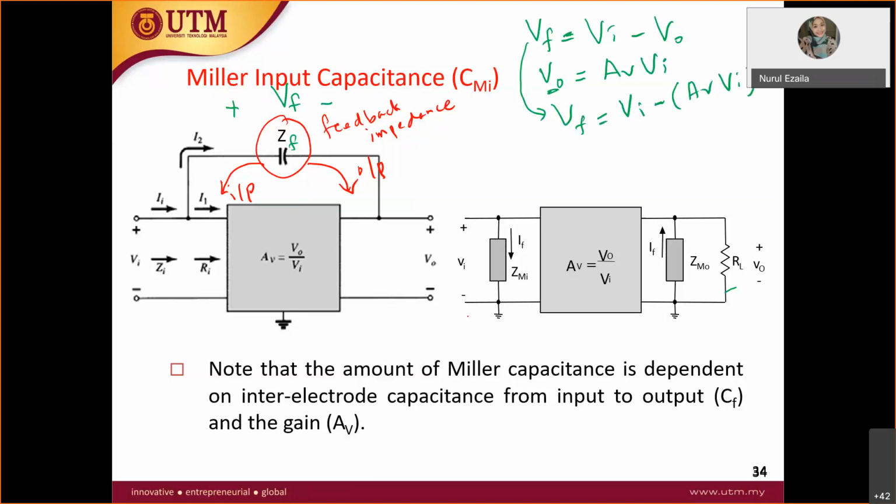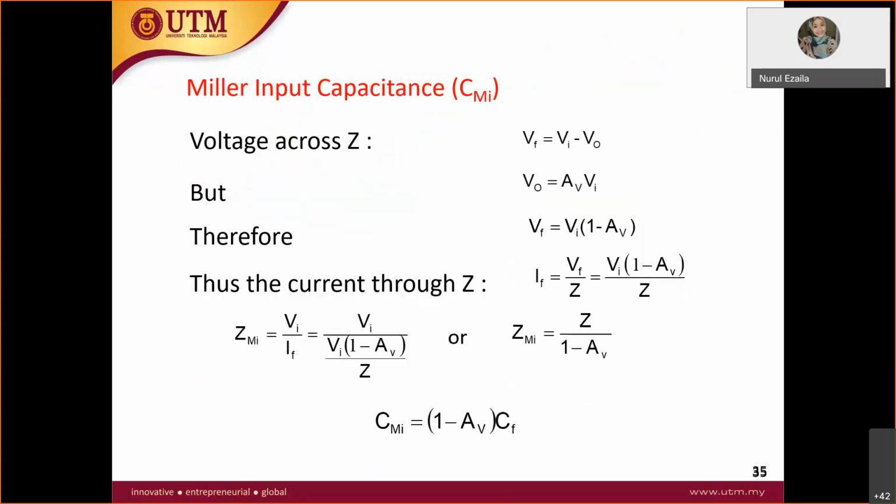If we take out the V in, therefore V feedback is equal to V in times 1 minus AV. So that's why they got this here. We are up to here.